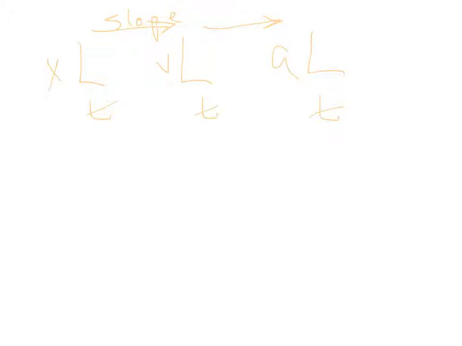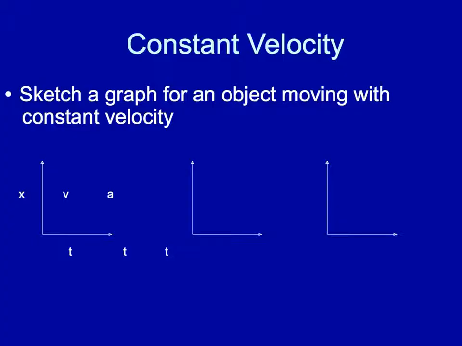Going the other way, the area under an acceleration time graph gives me velocity, and the area under a velocity time graph gives me position. So you can go back and forth between them by thinking slopes and areas. Anytime you see graphs, you want to think slopes and areas.